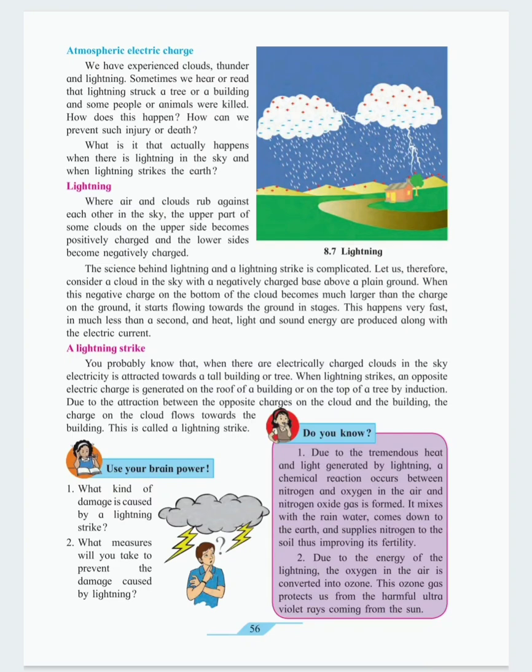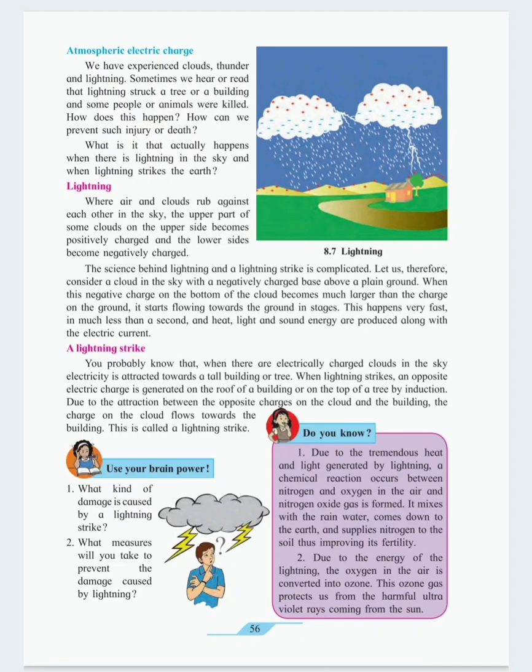When there are electrically charged clouds in the sky, electricity is attracted towards a tall building or tree. When lightning strikes, the roof of the tall building or the tall trees generate opposite charge. And what happens when opposite charges are present?